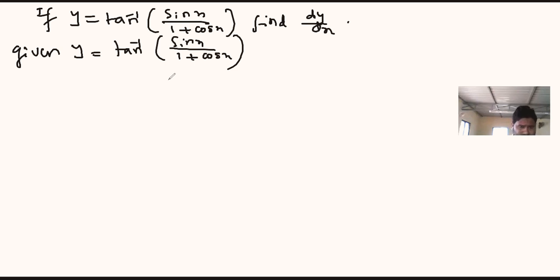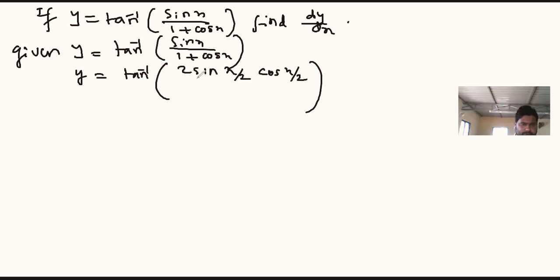So here substitution is not required because instead of variable x, here the given function is trigonometric, sin and cos. So we can use direct formulas. That is y is equal to tan inverse of, what is the sin x formula? 2 sin x by 2 into cos x by 2 divided by, what is 1 plus cos x?